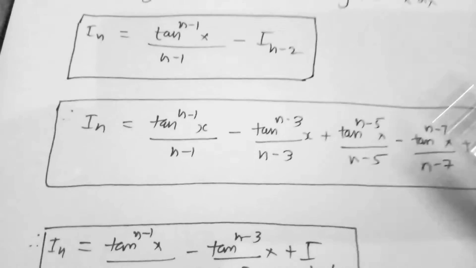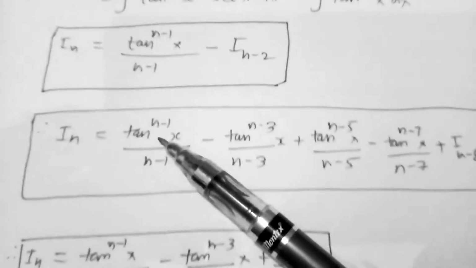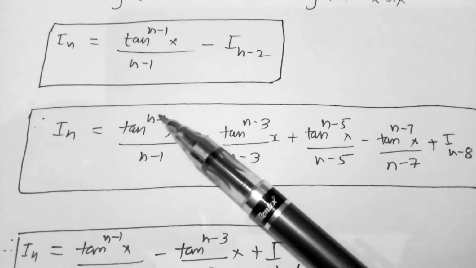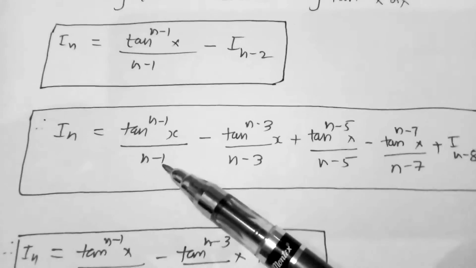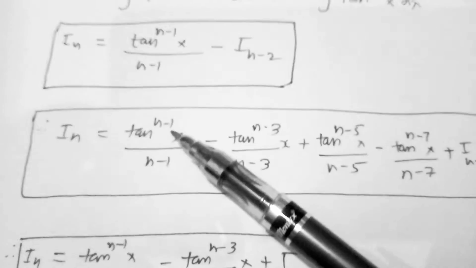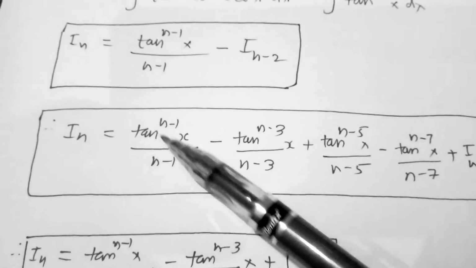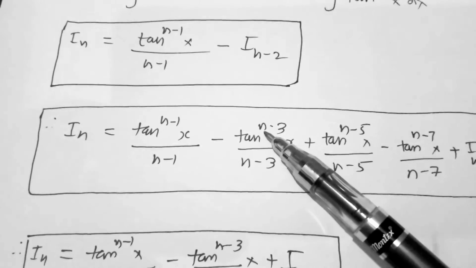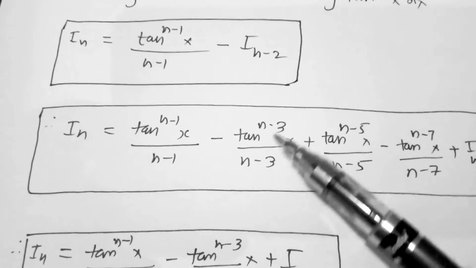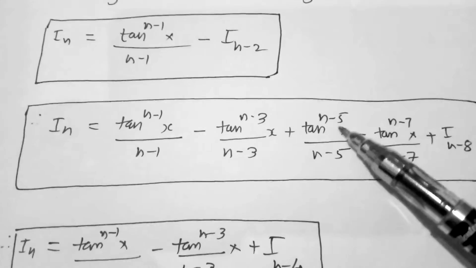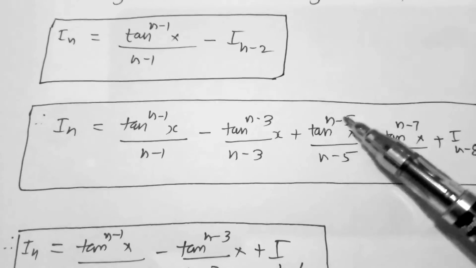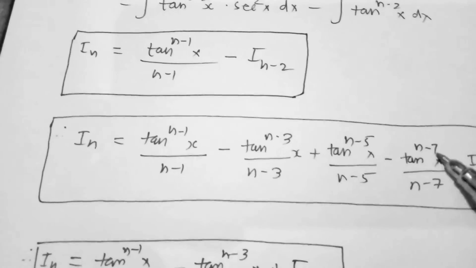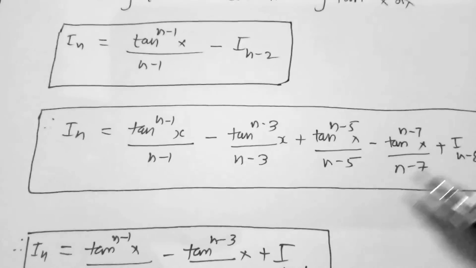See here, we can have the integration of tan to the power n x dx as tan to the power n minus 1 x by n minus 1. Okay, now simply from here 1 power less, right? Now from here 2 power less. Okay, so tan to the power n minus 3 divided by n minus 3, again 2 power less. Okay, tan to the power n minus 5 divided by n minus 5, again 2 power less, and so on. The process continues, right?